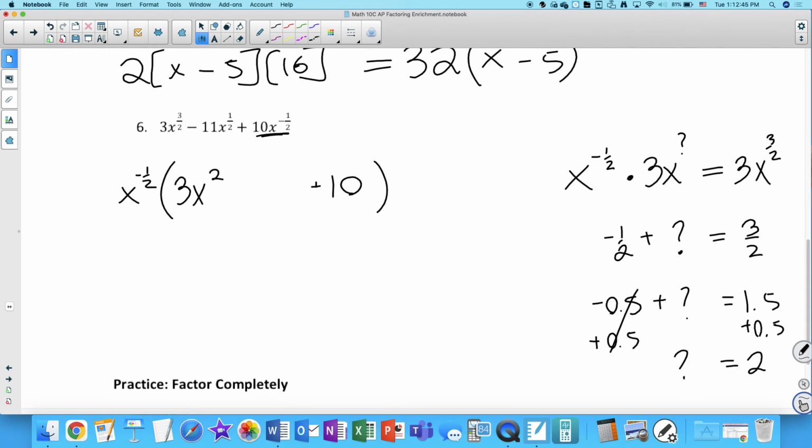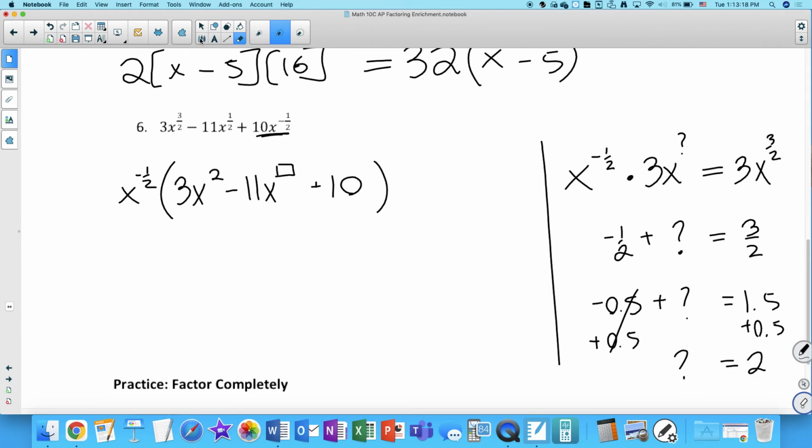Then we're going to have minus 11x to the something else. I'm just going to put a blank in there because I don't like using the question mark. So when I expand these two together, I'm going to have x to the negative 1/2 times negative 11x to the something has to equal... I'm running out of space here.